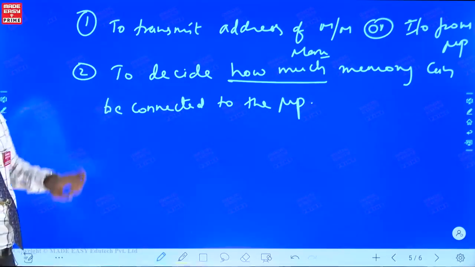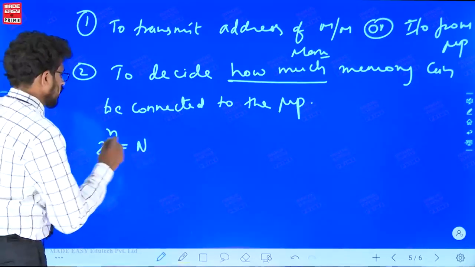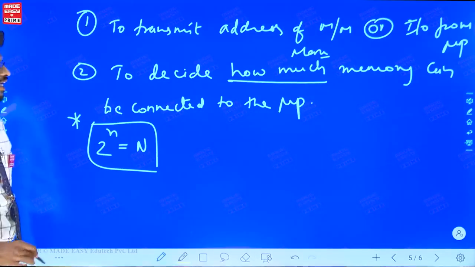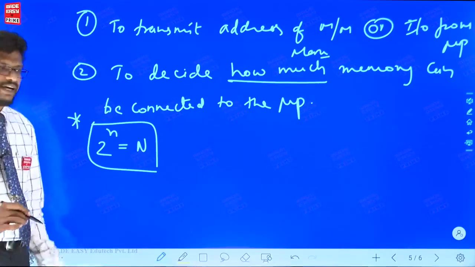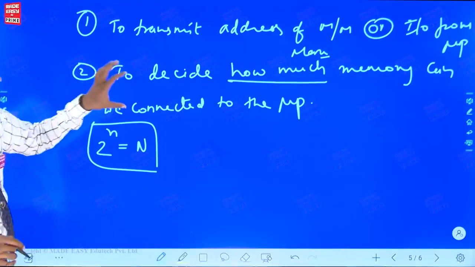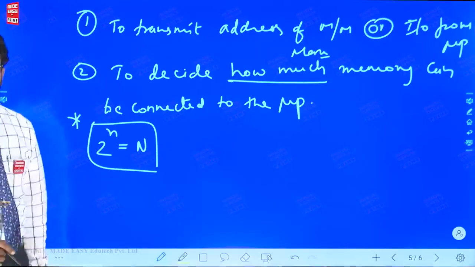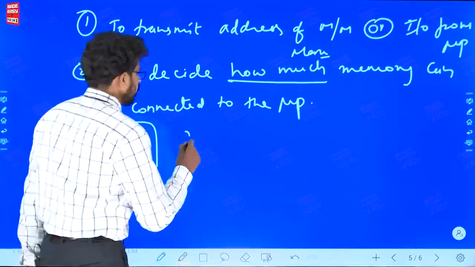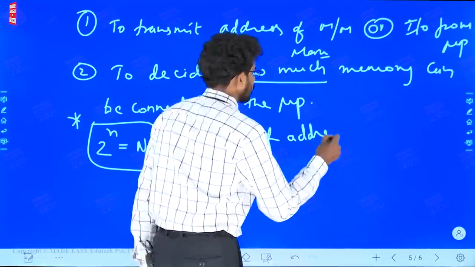This relation of the address bus is given as 2 power n is equal to N. This is the very basic formula which is very, very important in all the rest of the problems. Whether it is instruction or memory, whatever it is, without this notation, you cannot go further. So the address bus defines the maximum memory that can be connected to the microprocessor, given by the relation 2 power n is equal to N, where the small n indicates the number of address lines.